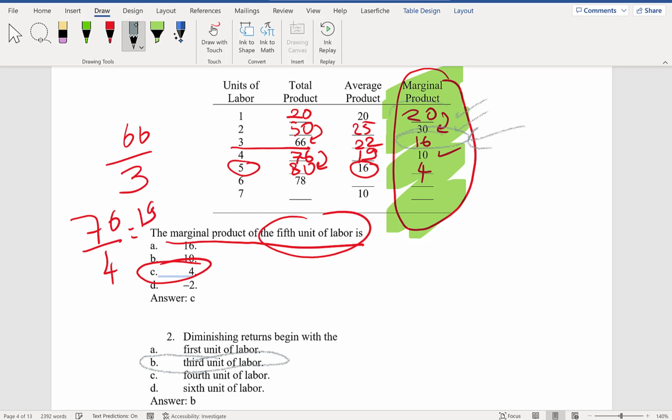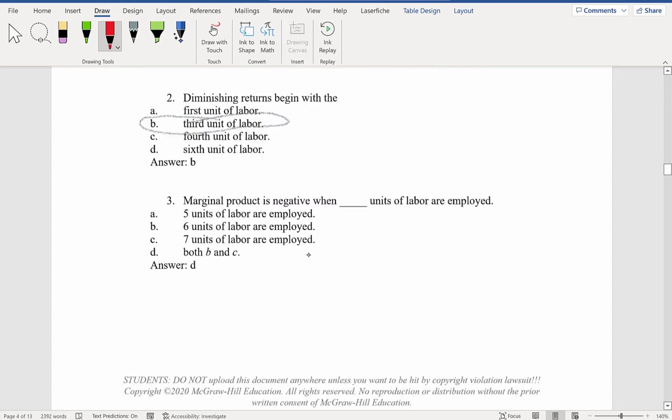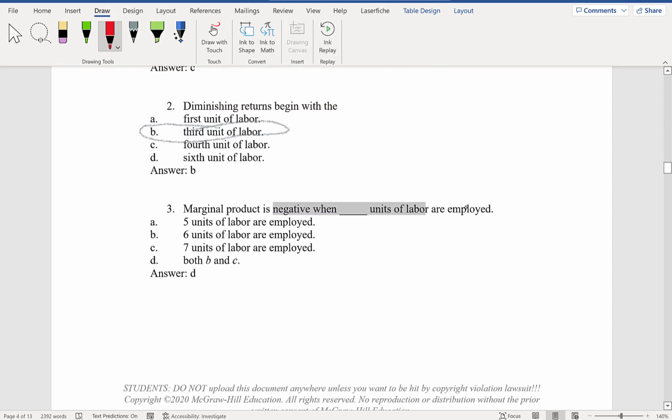In English, 1st worker produces 20. 2nd worker produces 30 more units. That's great. 2nd worker produces more than the 1st worker. And the 3rd worker produces 16 more units. So that's less than the previous, diminishing return set in. Question number 3. Marginal product is negative when?